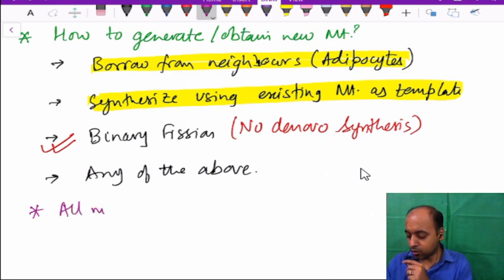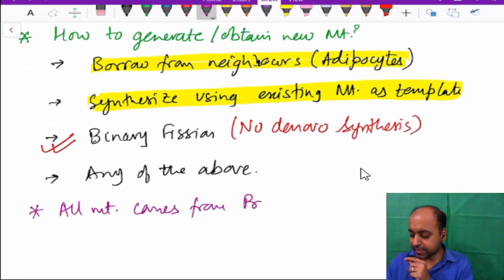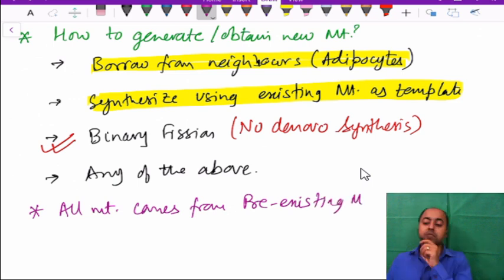All mitochondria come from pre-existing mitochondria. This means if the pre-existing mitochondria has some defect, all the subsequent mitochondria are going to have the same defect.